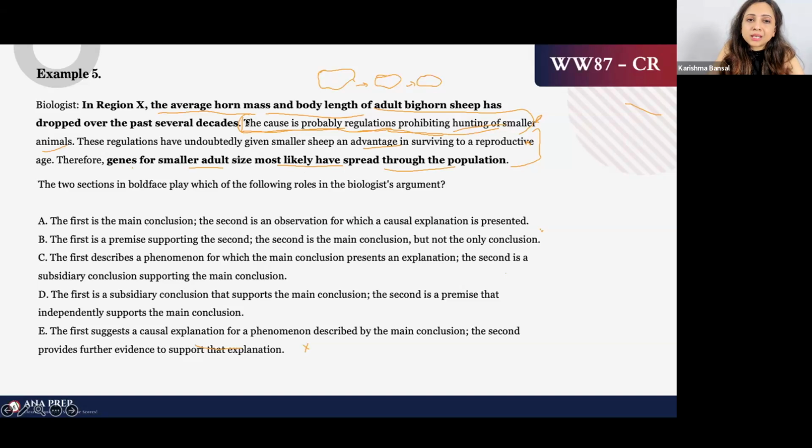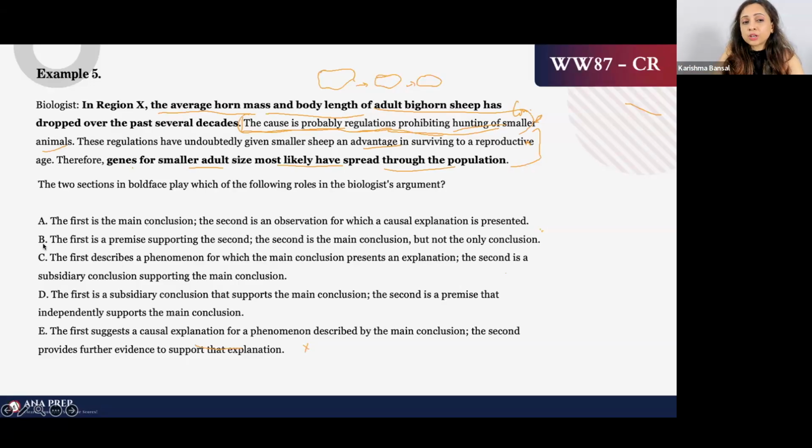And so when this is my conclusion, my answer is not B. B says the first is a premise supporting the second, but the second is an observation for which a causal explanation is presented. The second is not an observation. The observation is actually the first one, for which a causal explanation is provided. So this is not correct.